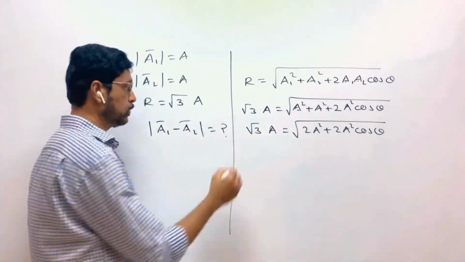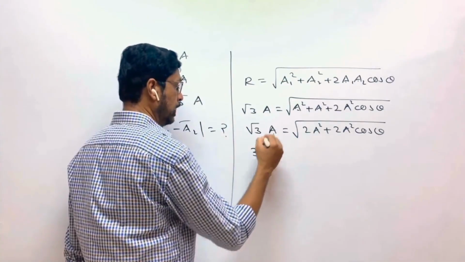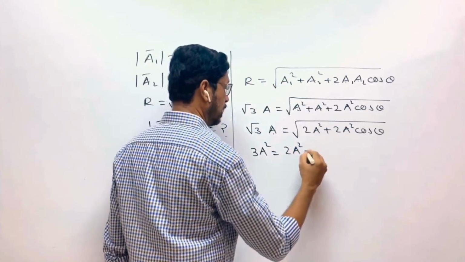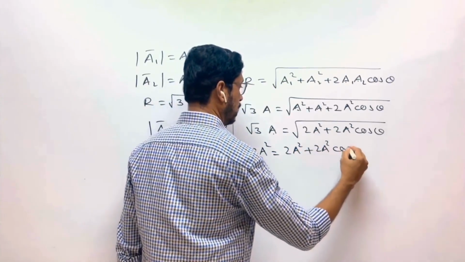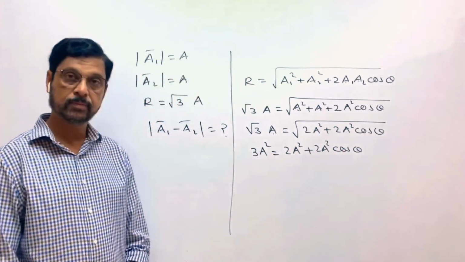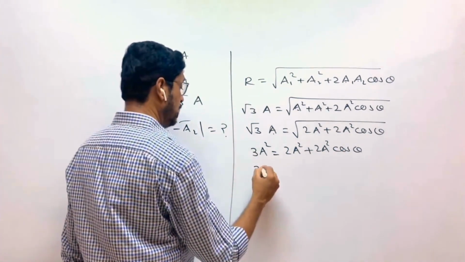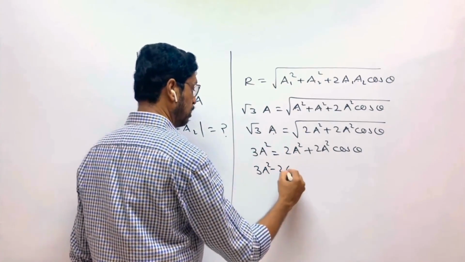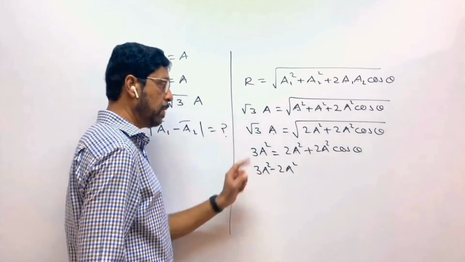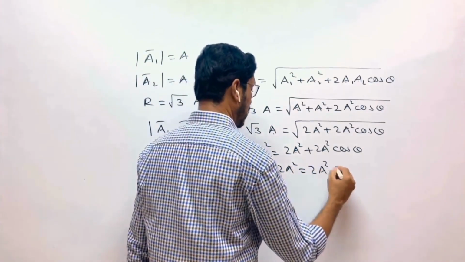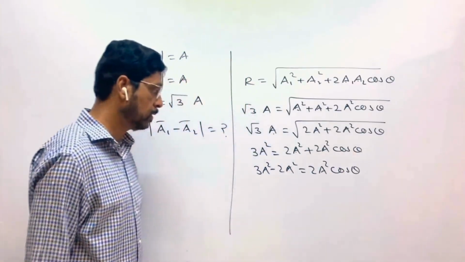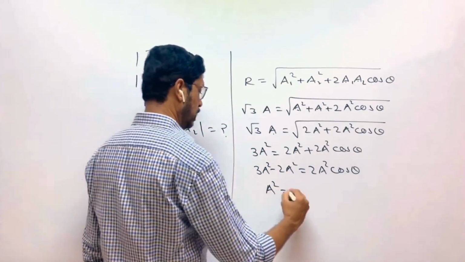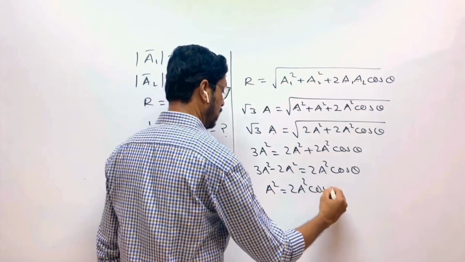Square both the sides. Root 3 का square 3, A square is equal to 2A square plus 2A square cos theta. Correct? 3A square minus 2A square is equal to 2A square cos theta.